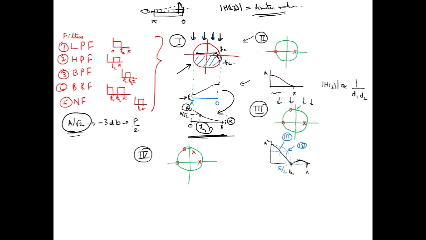Even though we are considering A by root 2 as the cutoff frequency, still there will be some frequency components from the original signal which will be passed to the filter components. Okay, now this may lead to some interference.